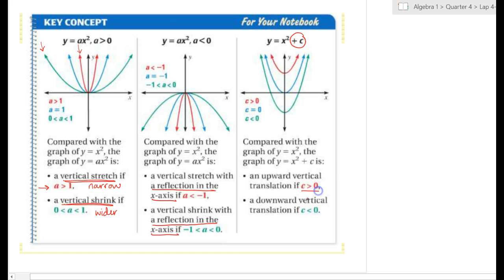If my c value is positive, then my graph will shift up, upward vertical translation. But I just call it a shift. If c is less than 0, if c is negative, then it's a shift downwards. So these are all comparisons to the parent function.